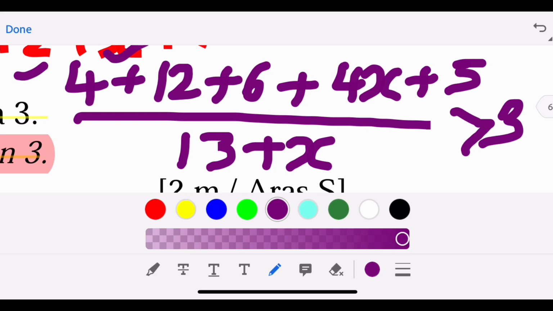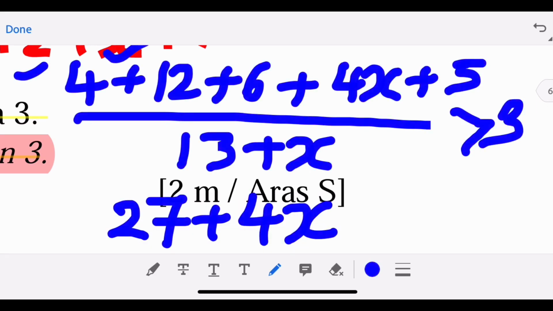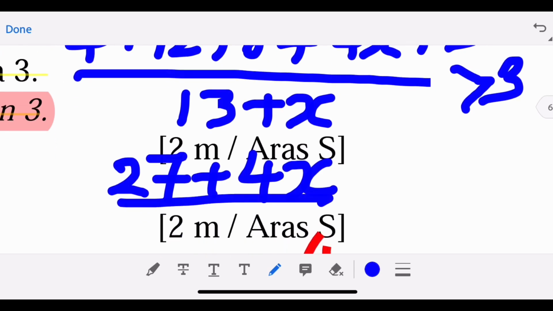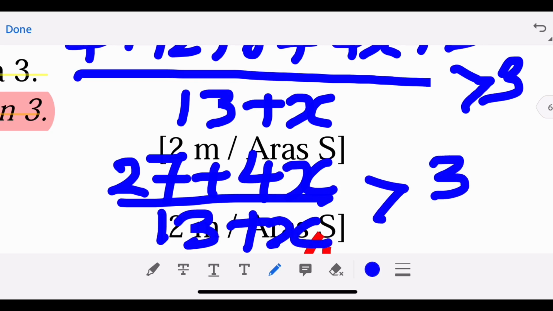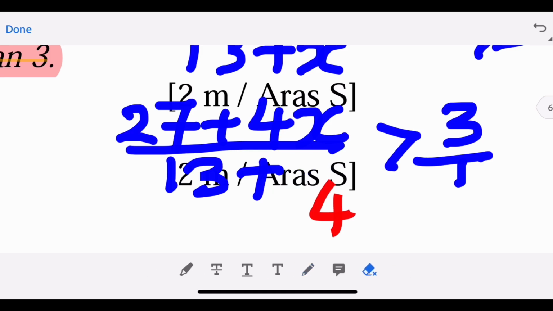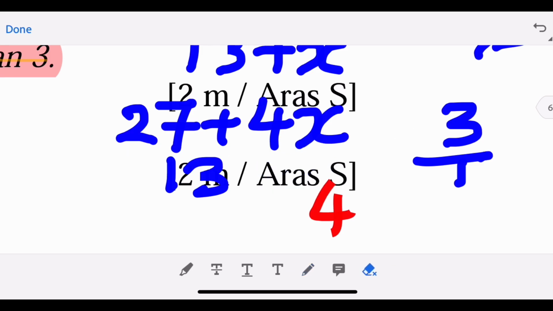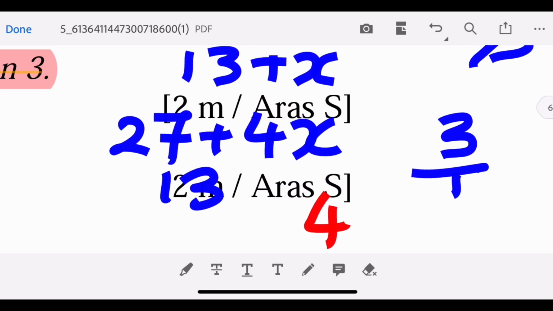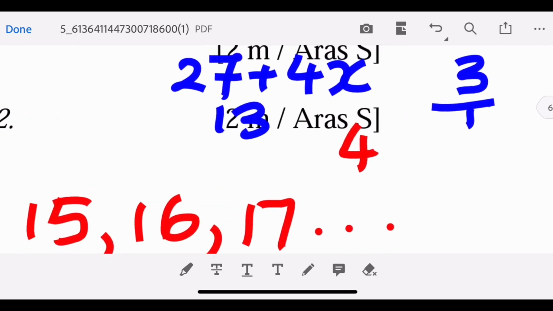Over 13 plus x, more than 3. Clear? Can follow? So 13 plus x more than 3. Now we have to cross multiply, carefully, and then you try to solve for x.